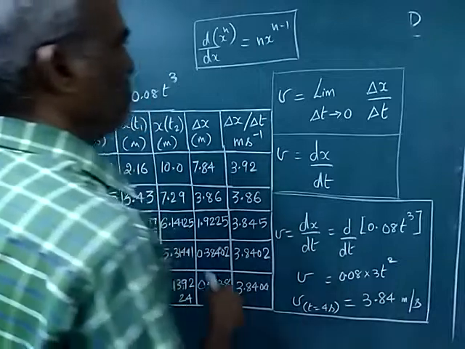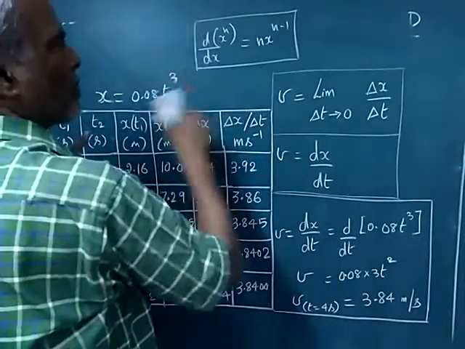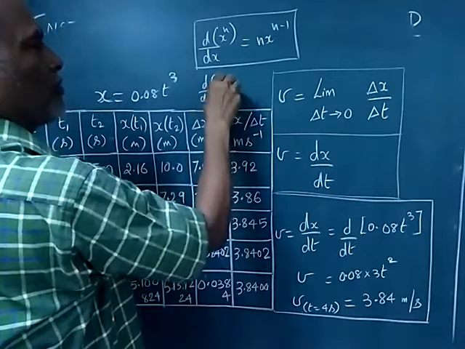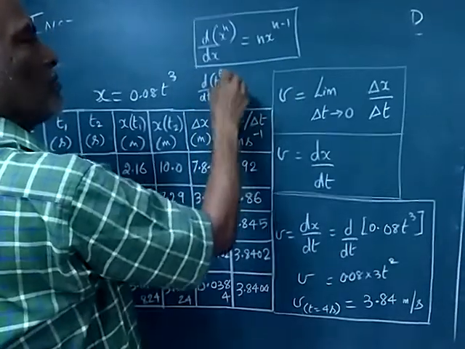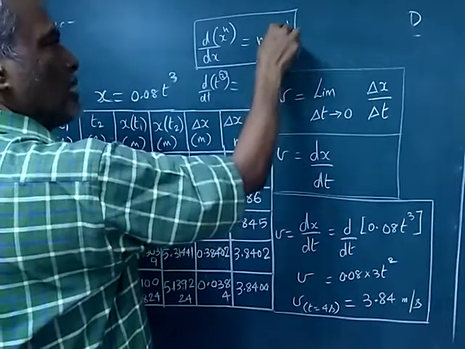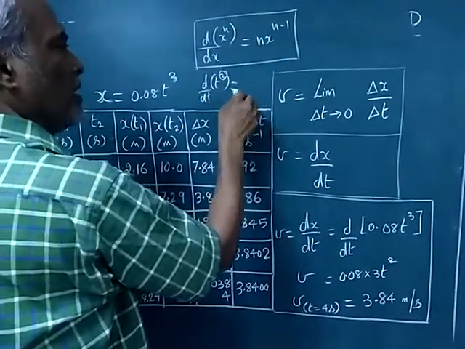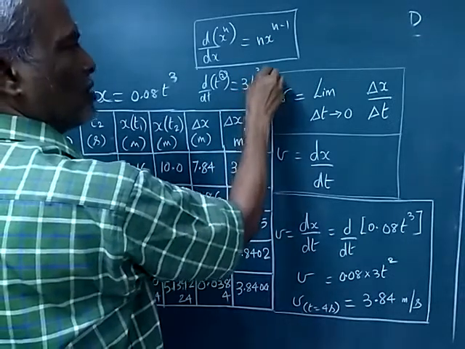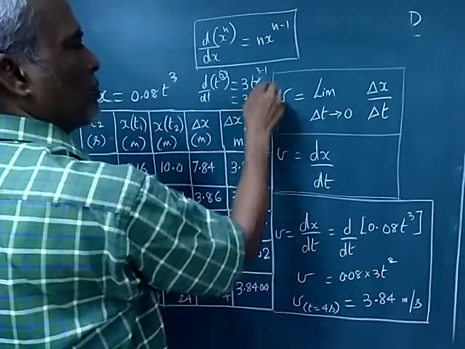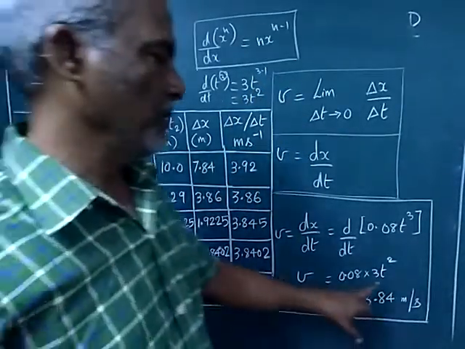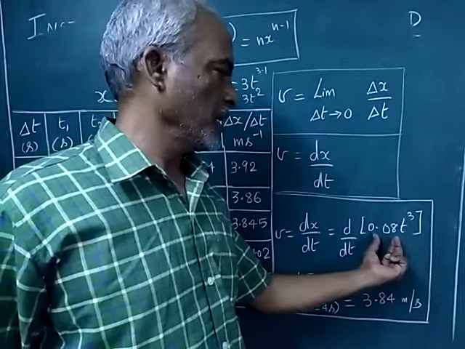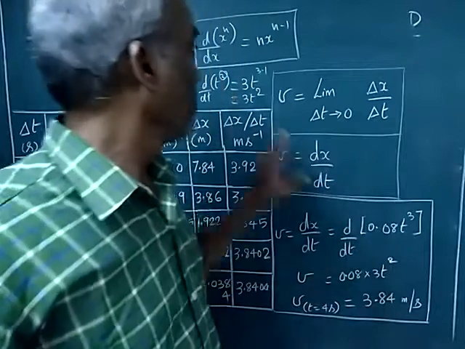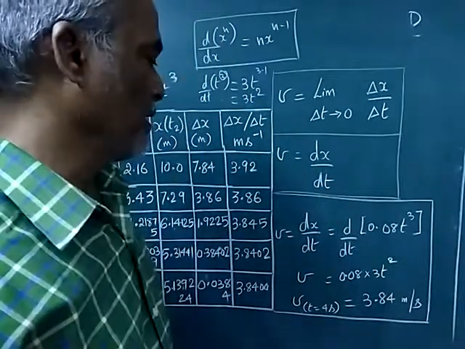So balance you have t cube, that means applying this formula, d by dt of t cube, n x power n minus 1, here it is t, therefore 3 t power 3 minus 1, which is 2, that is 3t square. So 0.08 is taken outside, and if you differentiate t cube, you will get 3t square by this differentiation formula.